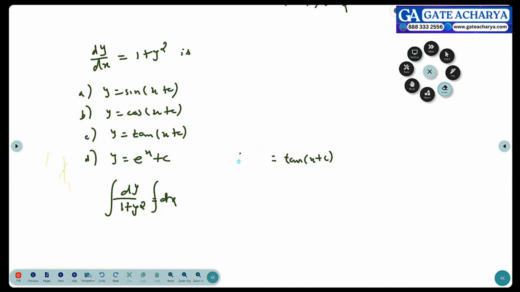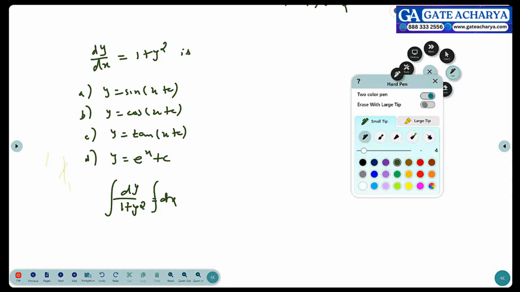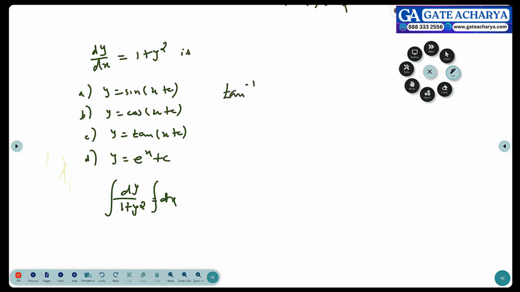Sorry, not 1 plus y square. Dy by 1 plus y square is tan inverse of y alone. So tan inverse of y is equal to x, plus some constant c. The integral of dx by a square plus x square is 1 by a tan inverse of x by a, but a is 1. So tan inverse of y is equal to x plus c. Therefore, y is equal to tan of x plus c. So answer C is correct. y is equal to tan x plus c.